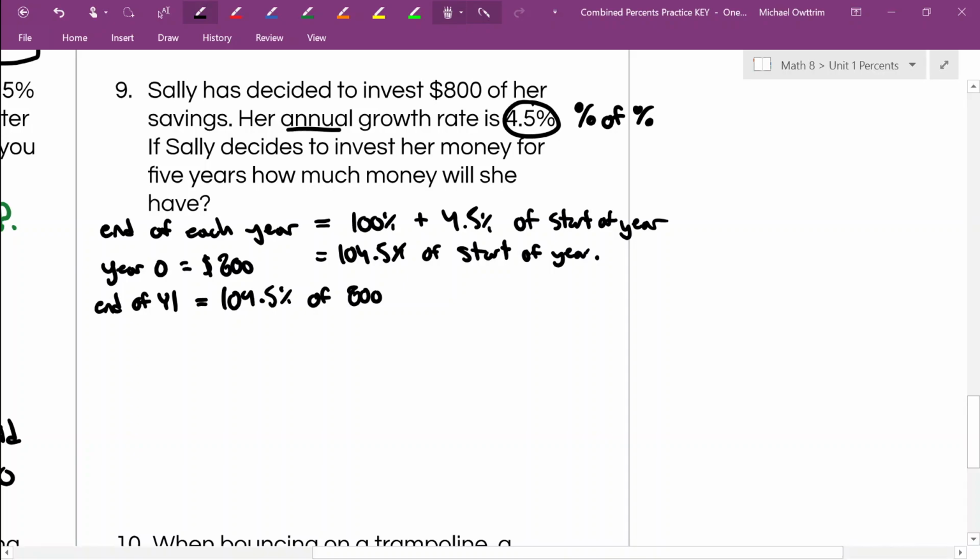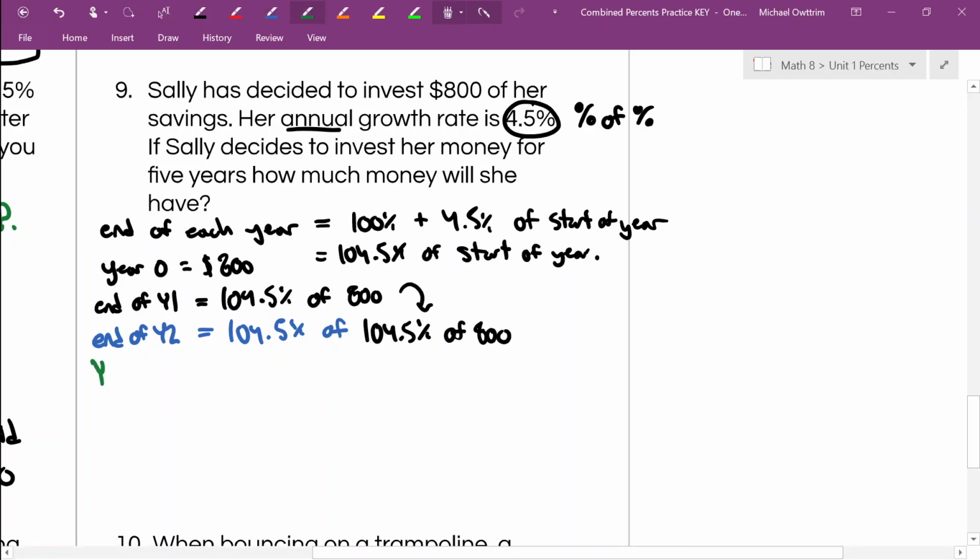At the end of year 2, we're going to have 104.5% of the start of year 2. But what value did we have at the start of year 2? Well, we had that 104.5% of 800 that we finished year 1 with. And this continues onwards for all of our years.